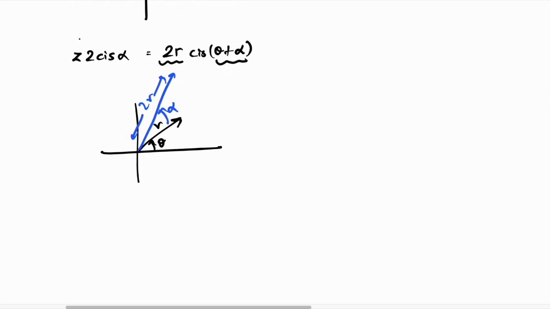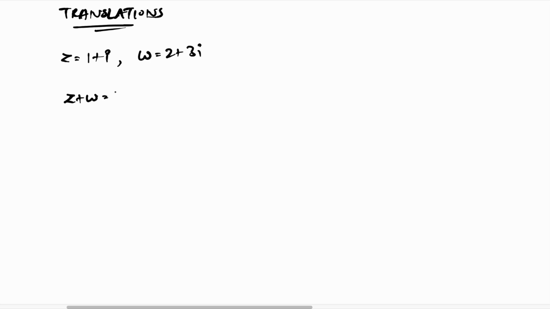Now we've seen enlargements and rotations. So now we'll see the easiest of the transformations, which is translations. Translations in complex numbers can just be achieved by adding and subtracting complex numbers. So if I have a complex number which is 1 plus i, and I'm adding it with the complex number 2 plus 3i, the resultant complex number will be 1 plus i plus 2 plus 3i, which will give me 3 plus 4i.